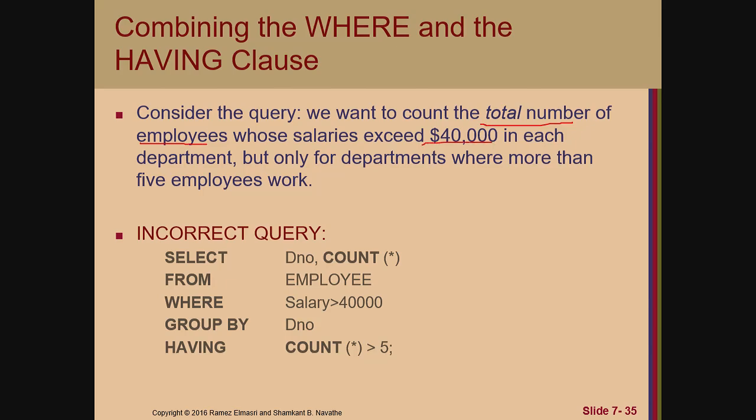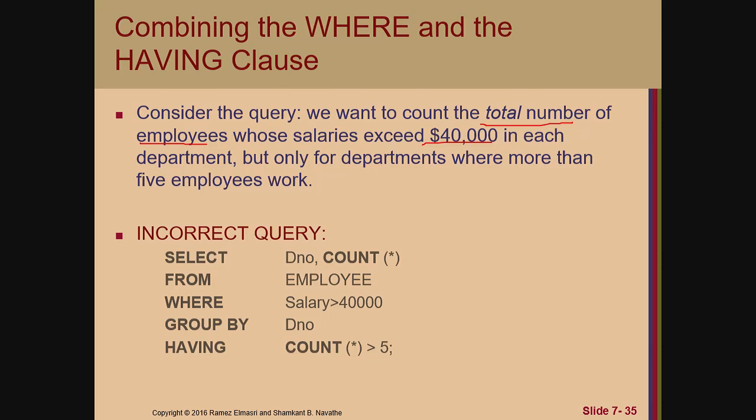Okay, we have to know the salary of everyone, and we have to check that the people have salary more than 40,000, for each department. So we have to separate departments at first, check each department and count the number of people who have salary more than 40,000.